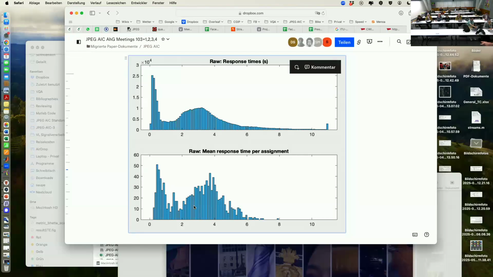Now here, this is from our crowdsourcing study. It was a very big one that we carried out at JPEG, and we have just the opposite. This is the reaction time in seconds, and you see a big bump here between 2 and 4 seconds, and these are actually the participants who paid attention to the task, thought about it, and gave a proper answer.